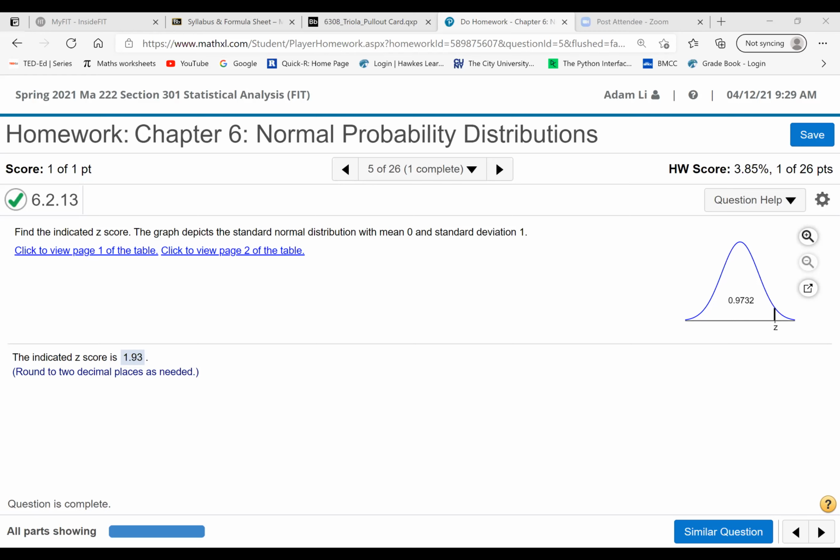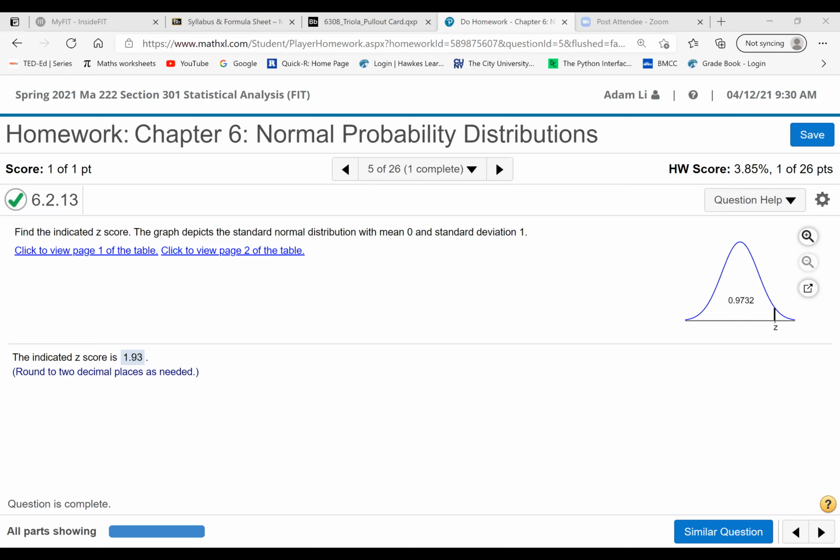First, we use the z-score formula, x minus mu over sigma, to find the corresponding z-score. Both the mean and the standard deviation are given: the mean is 100, the standard deviation is 12. X is 85 in this case.